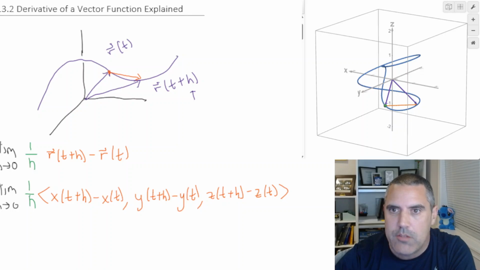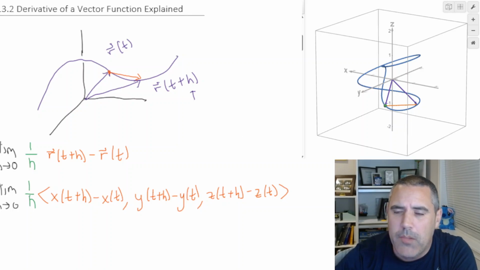Let's divide by h. Right now, the h I'm looking at is about 0.7. If I divide by h, you got a little longer. So that's what we would call an average velocity vector. We've divided by the time. But we'd like to know what happens as h gets smaller. So then we do it again. We make h a little smaller. It gets closer to the right direction.